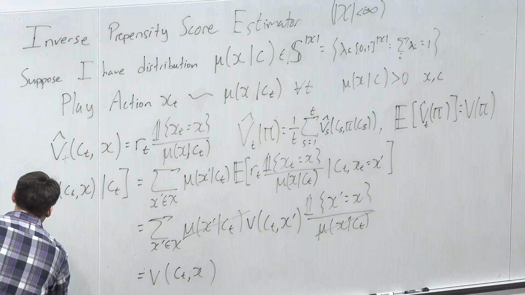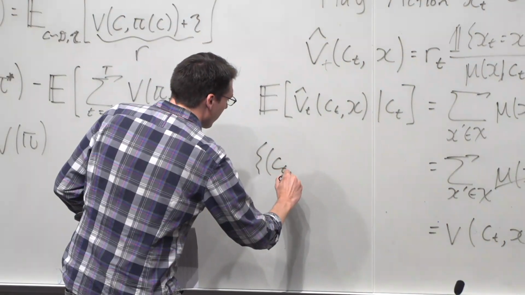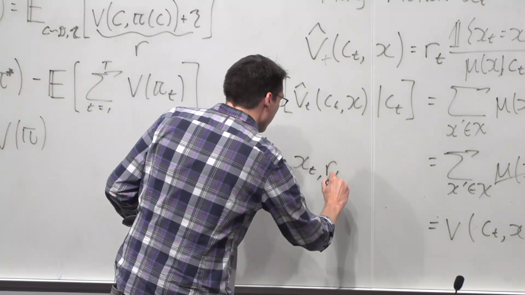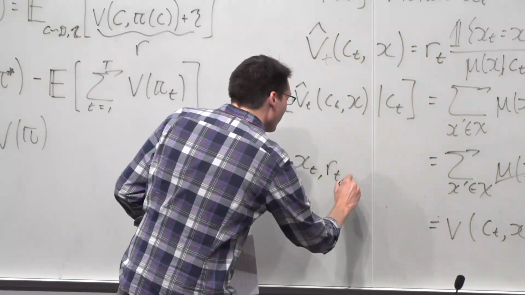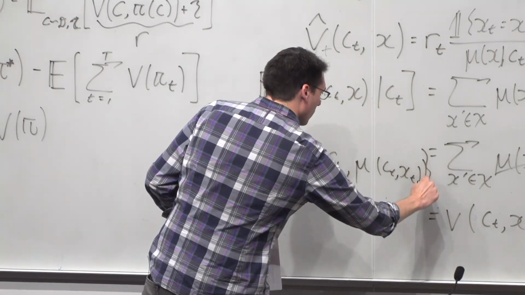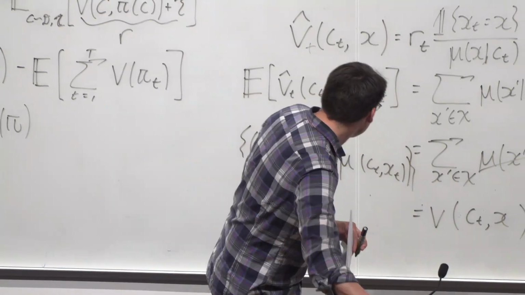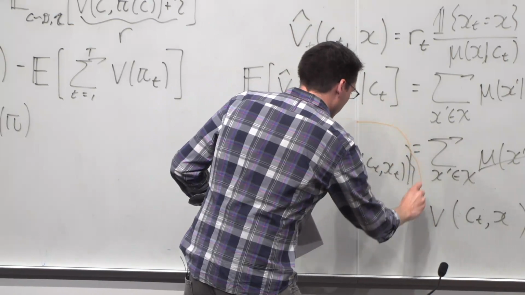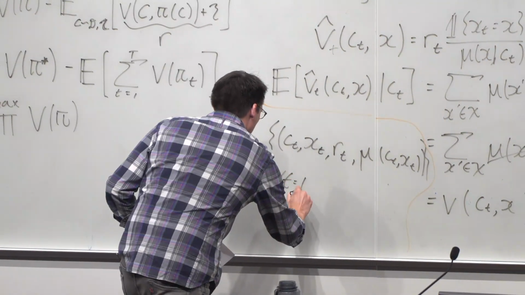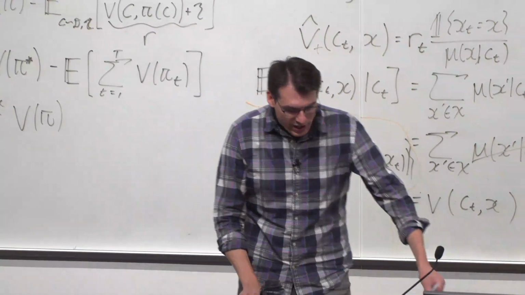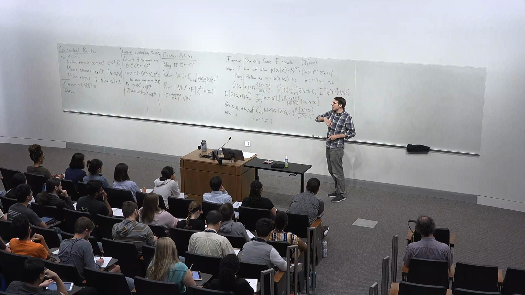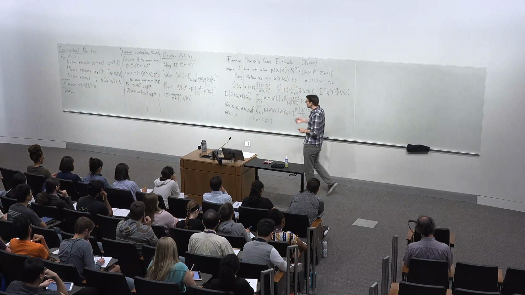For each t, all this estimator requires is c_t, x_t, what action did you play, r_t, what reward did you get, and most critically, mu of c_t, x_t, for all t equals 1 onward. So this demonstrates what you would need to do if you actually went to implement this system, say on a new website or at a doctor's office.